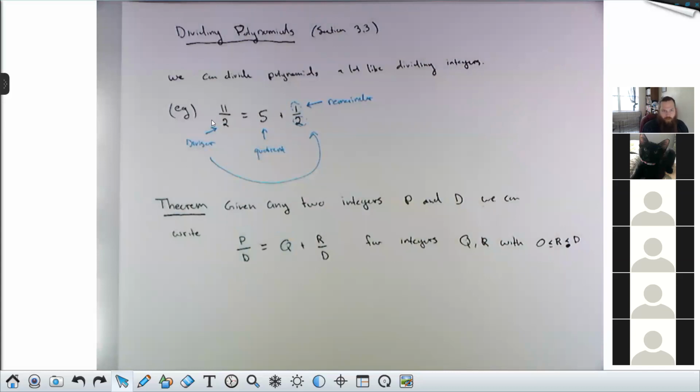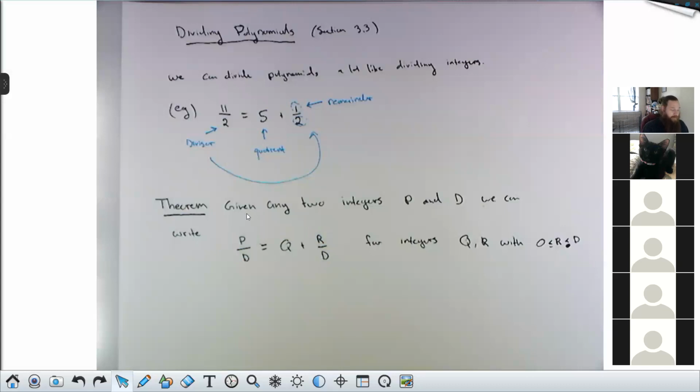The number of times 2 goes into 11 is 5, that's your Q. And then some remainder. And so you can always write P over D as Q plus R over D, where R is the remainder, and that remainder is always smaller than the number you're dividing by.